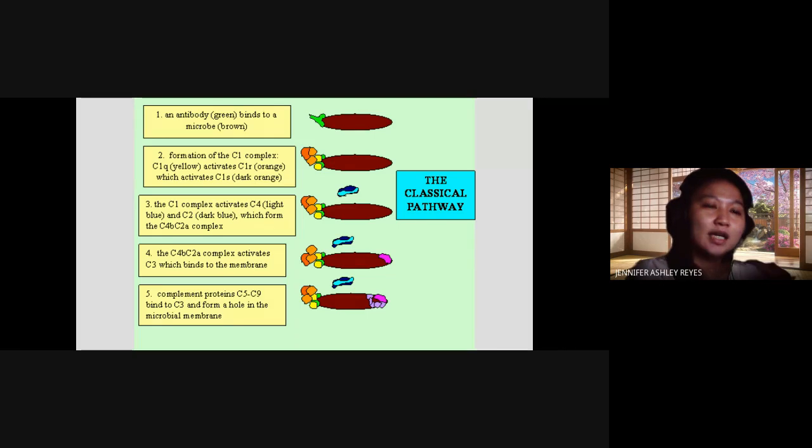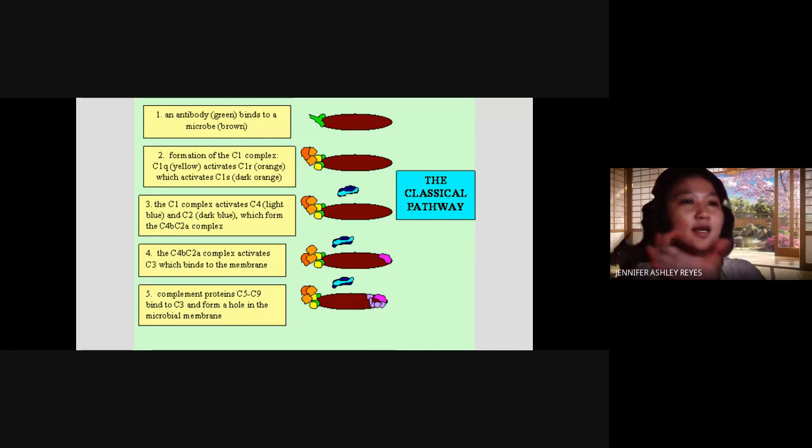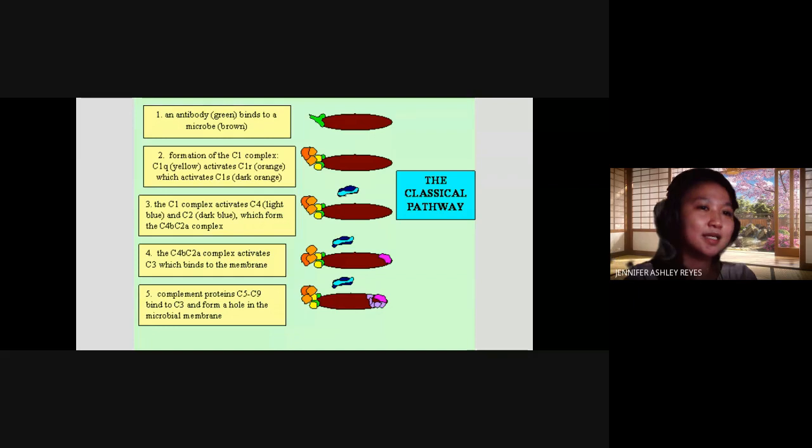Ang kukunin natin kay C2 is si C2a. So C4b and C2a combined is termed as your C3 convertase. Kino-convert niya si C3 into 2, C3b and C3a.